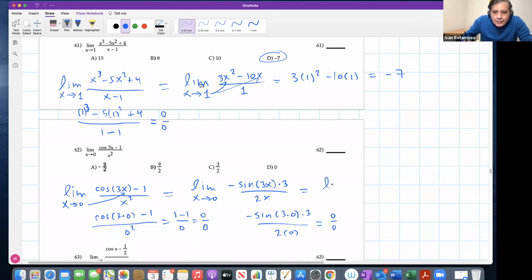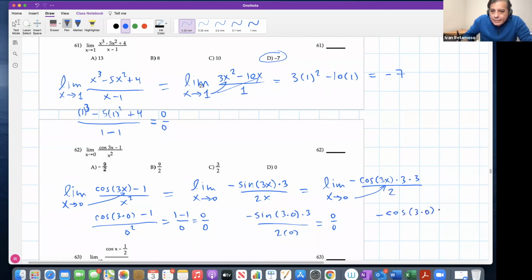Apply L'Hopital's rule again. Take the derivative again of this. The derivative of sine is cosine of 3x, times the derivative of the inside function, 3. There is another 3 there, a constant. And the derivative of 2x is 2. Try again. But this time it is going to work.